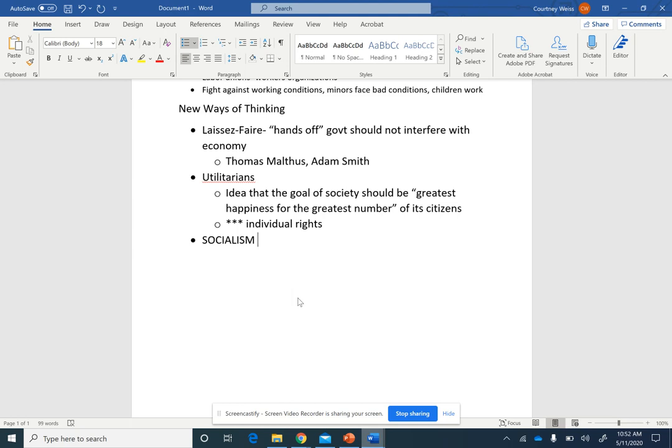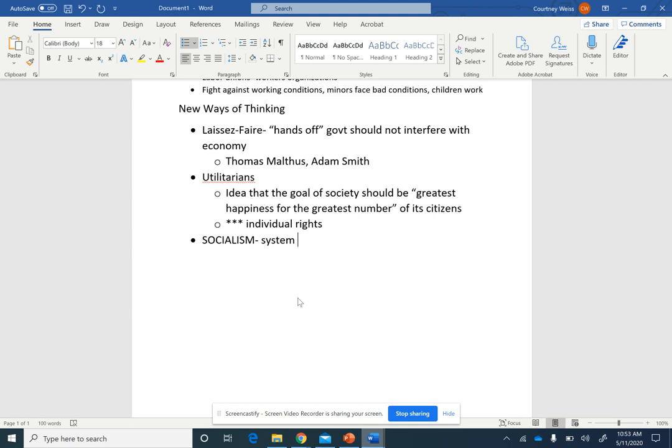So with socialism, you should think in your head, government owned. Okay? You should think government owned. Now, it's an economic system.